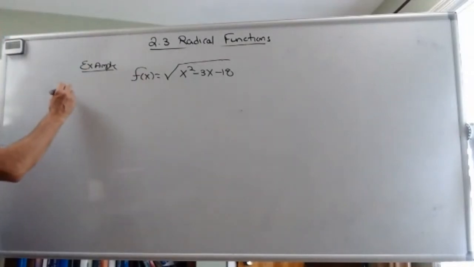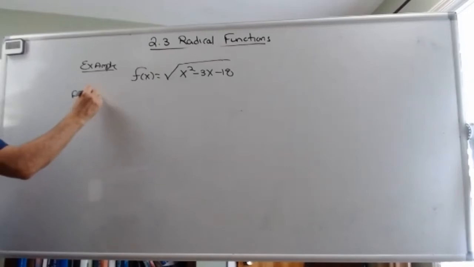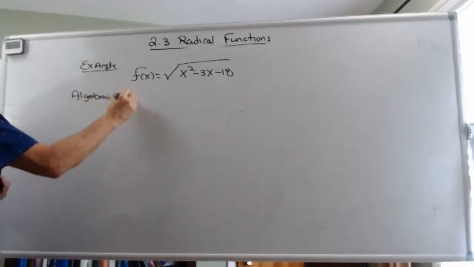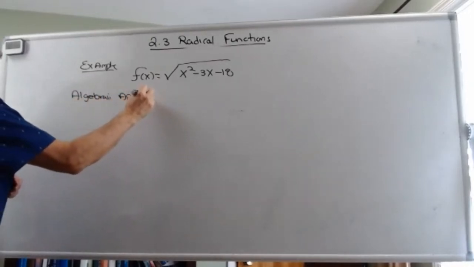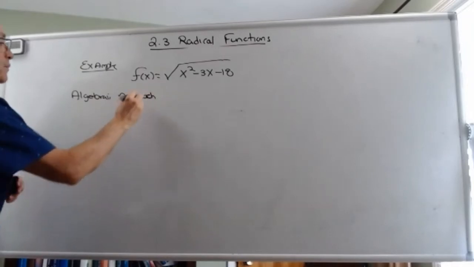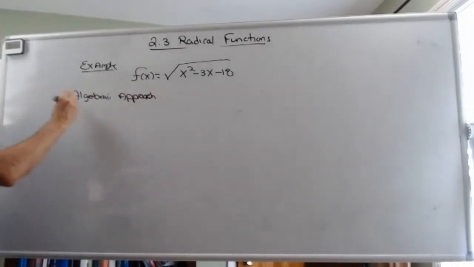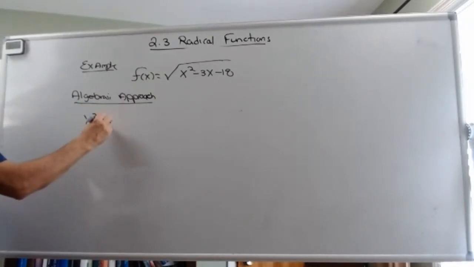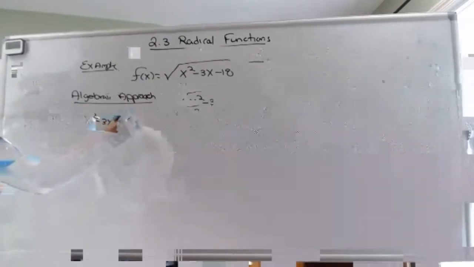As long as you find the proper range, I'm okay. So let's take a look at our first algebraic approach. We are solving a nonlinear inequality: x squared minus 3x minus 18 has to be greater than or equal to 0.